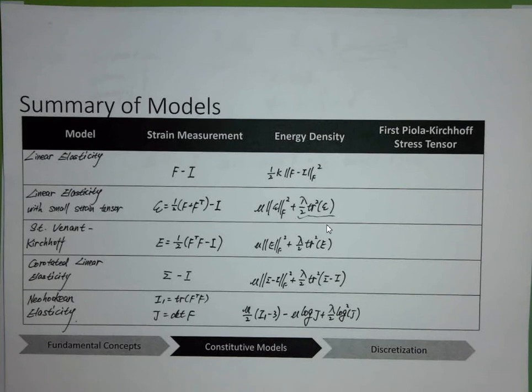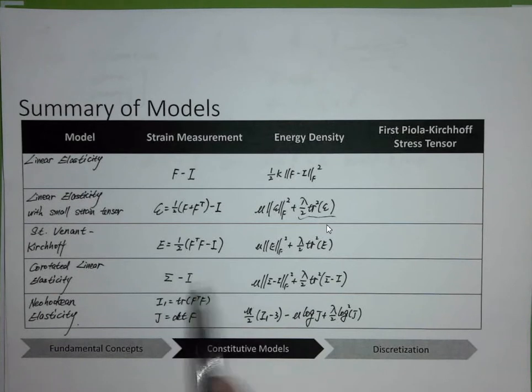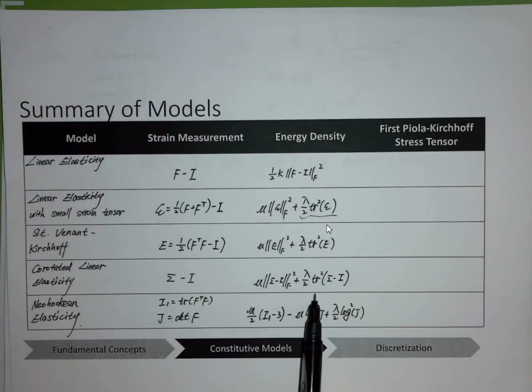For corotated linear elasticity, we are using sigma, which comes from the singular value decomposition, minus identity. We want this to be as close to 0 as possible, and of course we can write the energy density function as this. The model is also isotropic, but if a material is isotropic, then it's perfectly fine to apply this model.